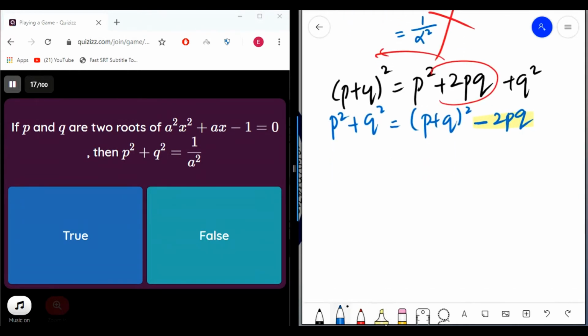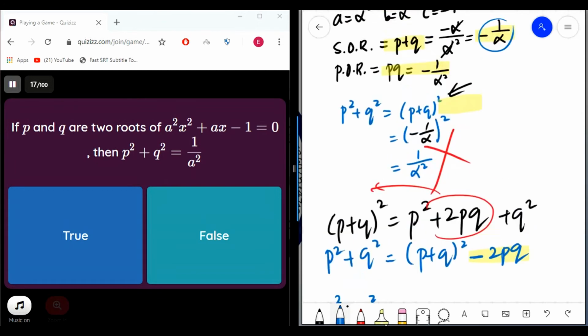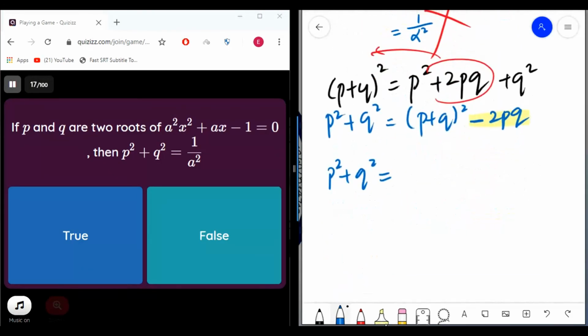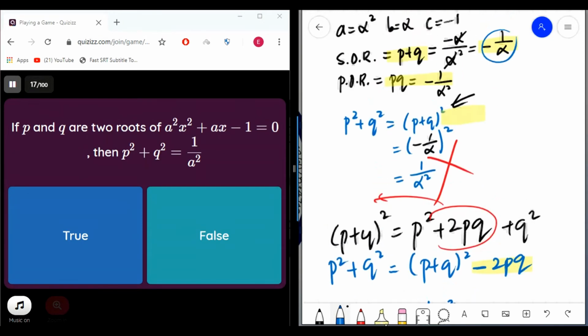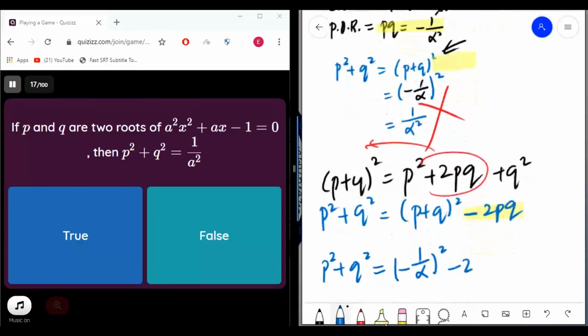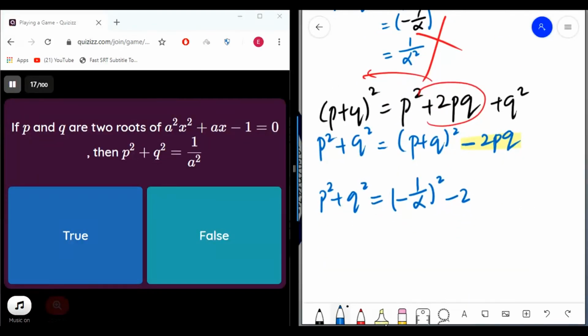So p squared plus q squared equals p plus q, which is what? p plus q is -1 over alpha, squared, then minus 2pq. pq is, what do we get? Okay, -1 over alpha squared.